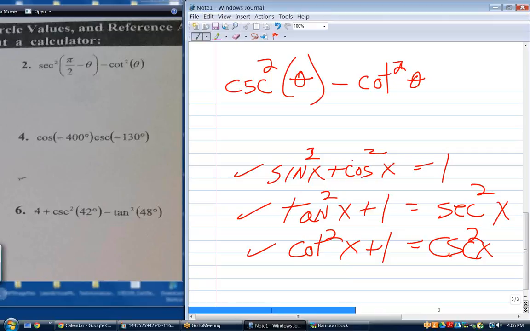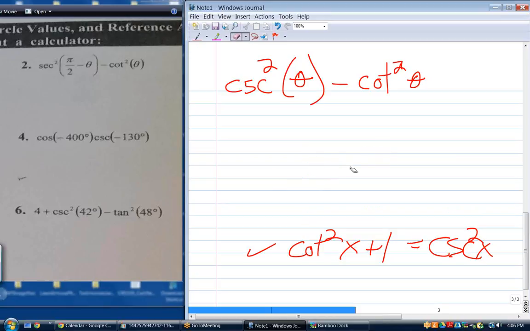All right. Okay, which leads us to that one. So, using substitution, how can I write this expression that we have up here? Cosecant squared.